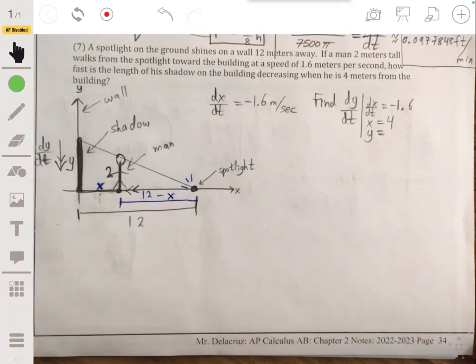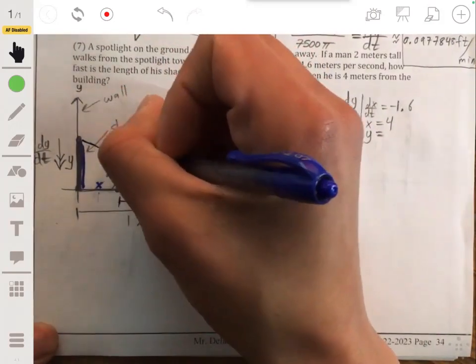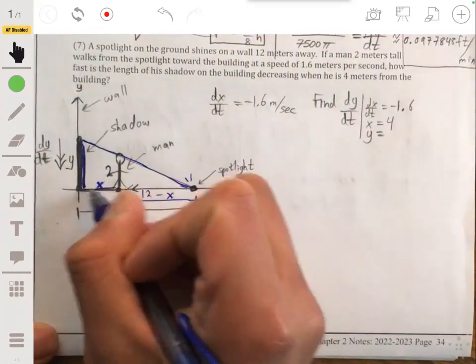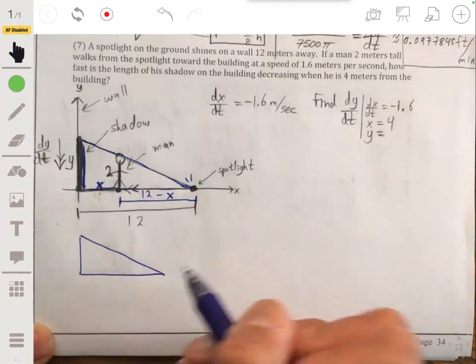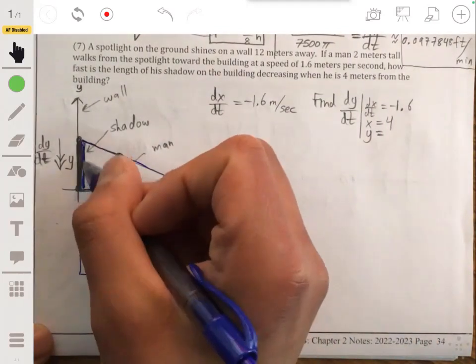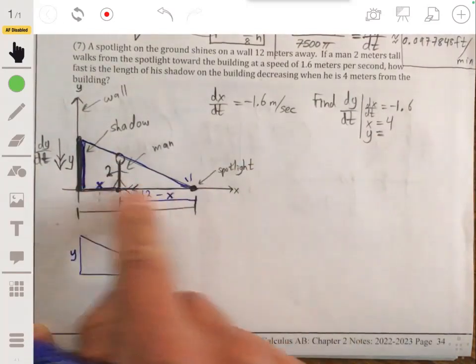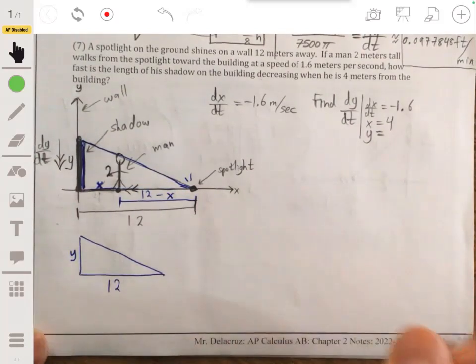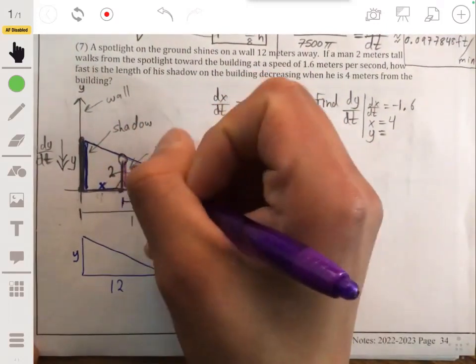So what we can use is similar triangles to solve this problem. What we have is the big triangle. Outline it. The big triangle has this as the hypotenuse, this as the shadow length, and the base of this big triangle will always be 12. Now, we have a smaller triangle. Let me try to put it in purple.